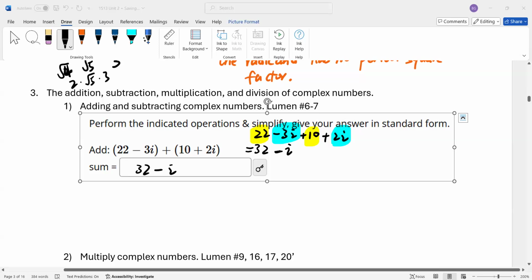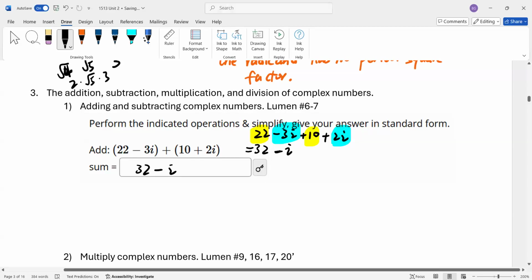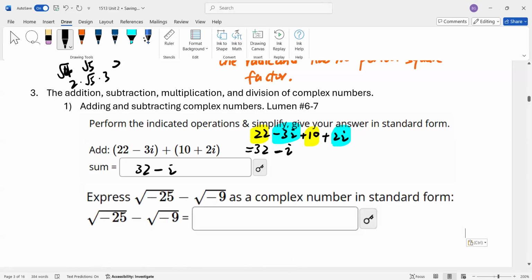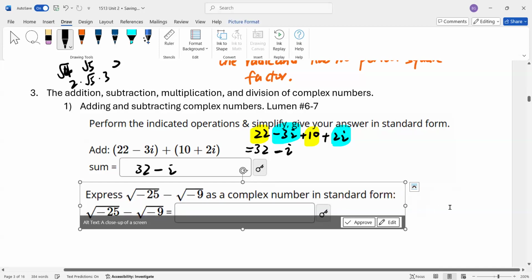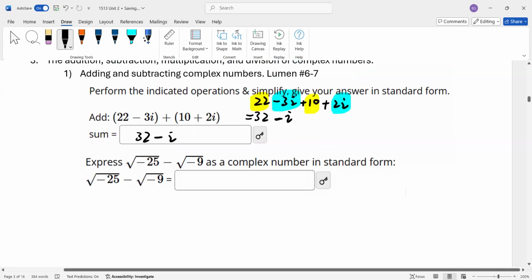Next is subtraction. You guys know the distributive property, right? Distributive property applies when we need to remove grouping symbols. This one, we have square root of negative 25 minus square root of negative 9.